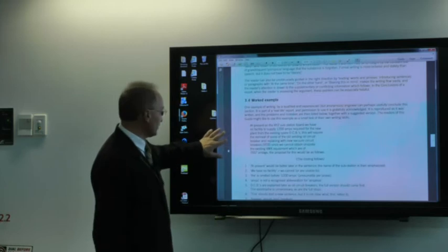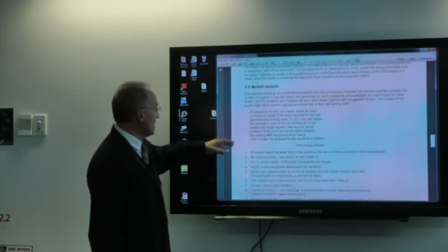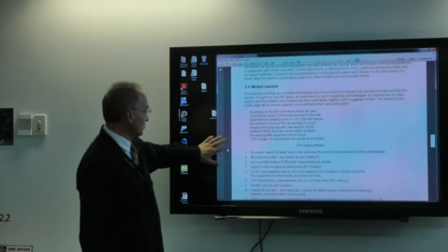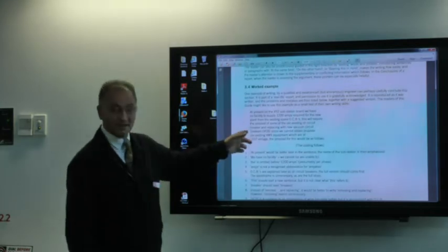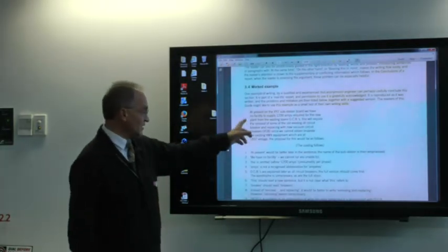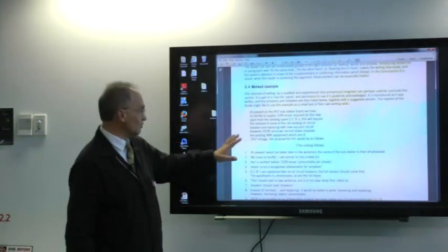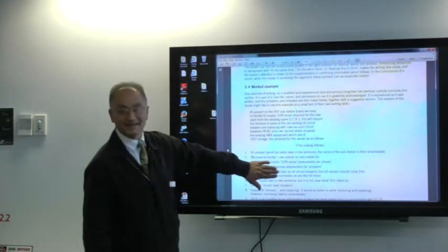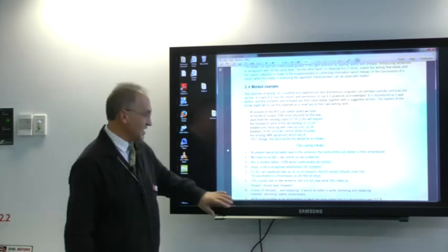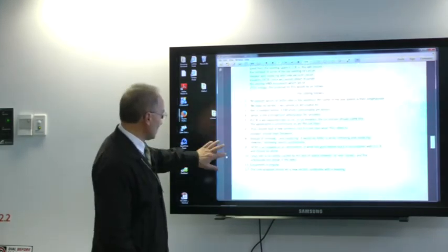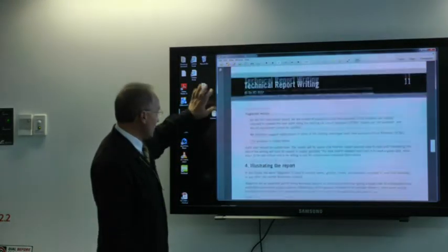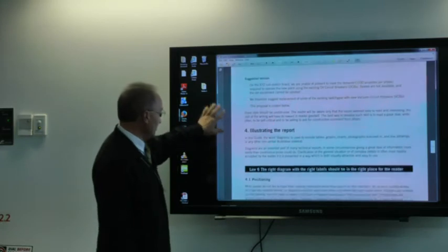Don't clutter it with graphs and supporting information. There's a worked example here which I won't look at, showing you something written and errors in it. So when you look at this document on Moodle, you can have a read of this without looking at the errors and see if you can pick up the mistakes, because these are mistakes that are quite commonly made. And an improvement is there.